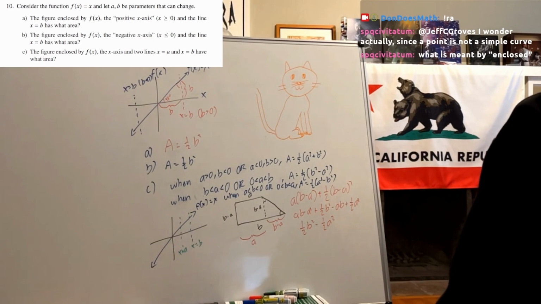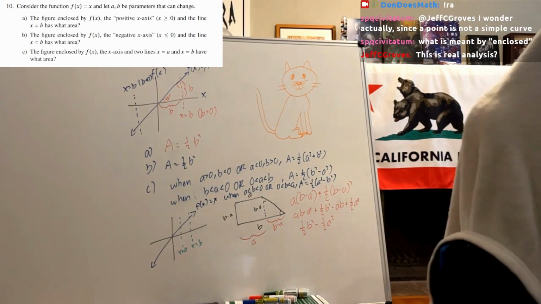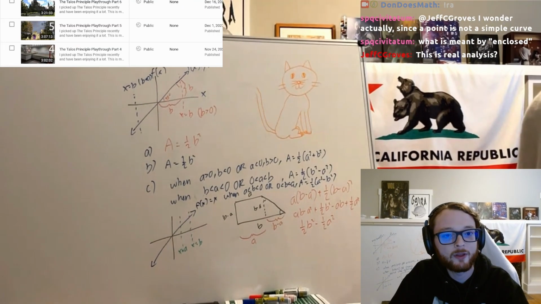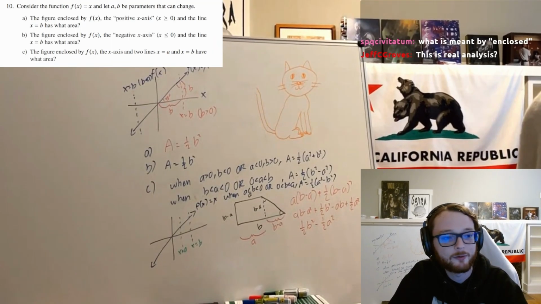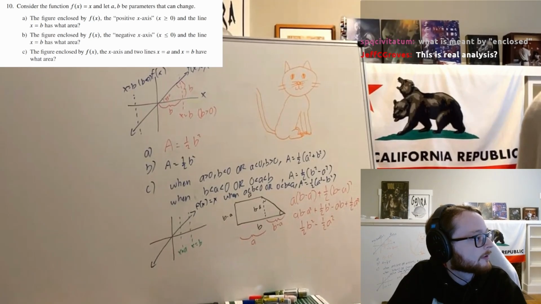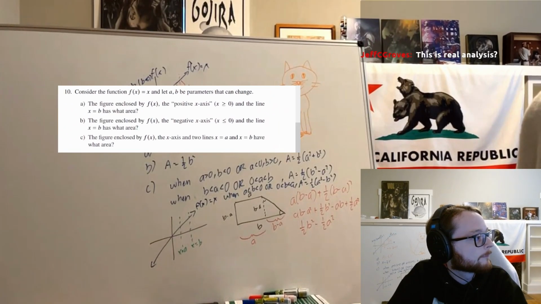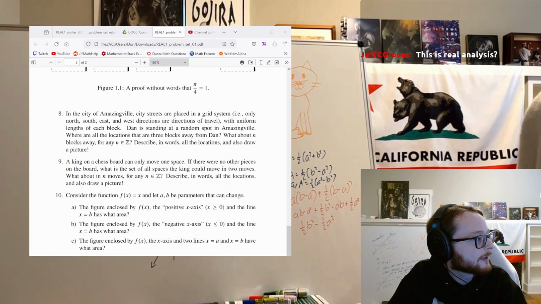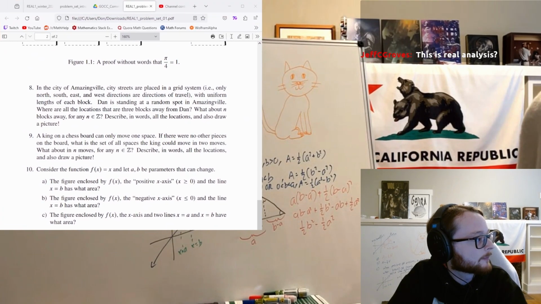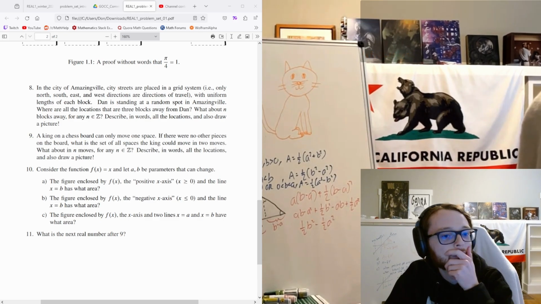Since a point is not a simple curve, this is like the very first, oh, what the heck? I don't know why that hotkey brought me there. I was uploading a YouTube video, and I need to remember to actually update it after this stream.